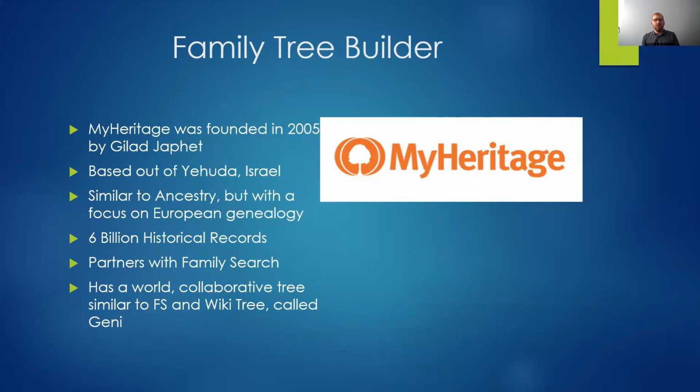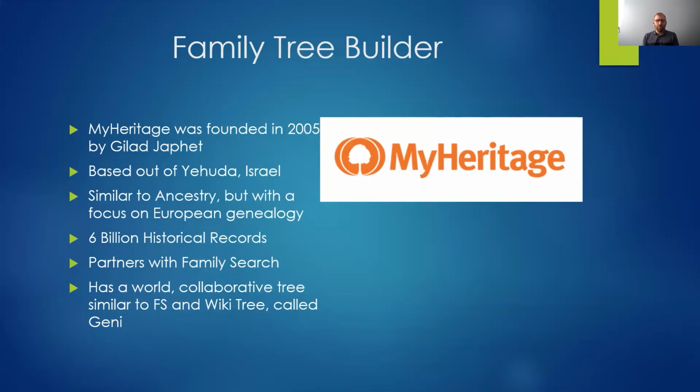So they have 6 billion historical records, and I believe that's much higher with the way they link to FamilySearch. They have 3 different trees, and I'm going to talk some more about that in a minute. They have Family Tree Builder, which is their software-based program.